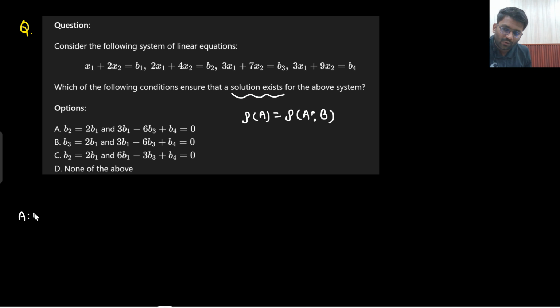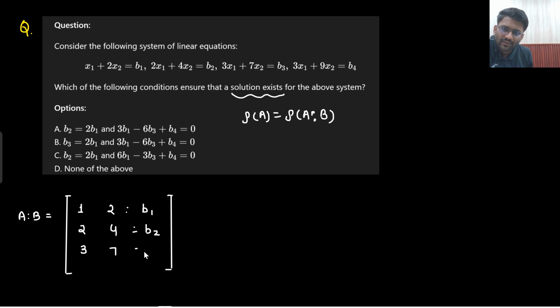So let's make A augmented B. If we make A augmented B, what are we getting? This will be just calculative. Nothing else. It will just take the calculation. 2, 4 equals B2, 3, 7 equals B3 and 3, 9 equals B4. So what operations are you going to apply?